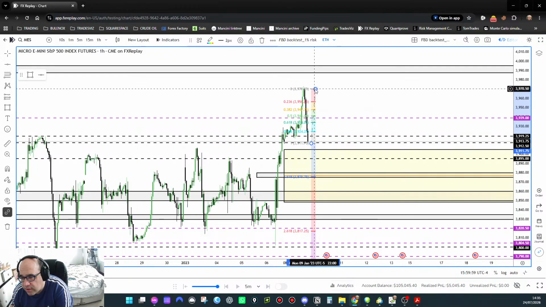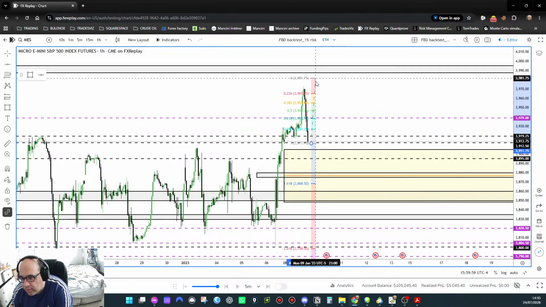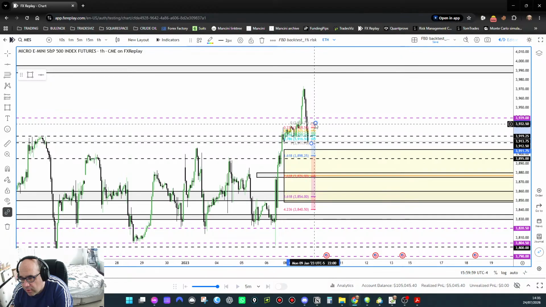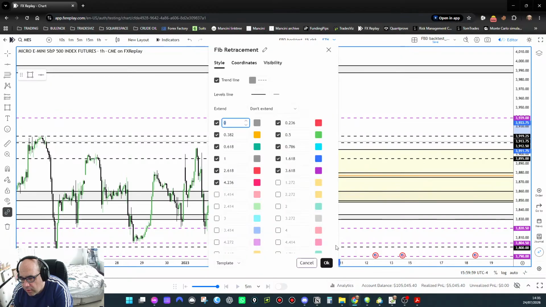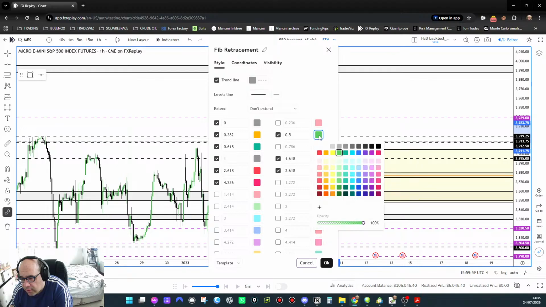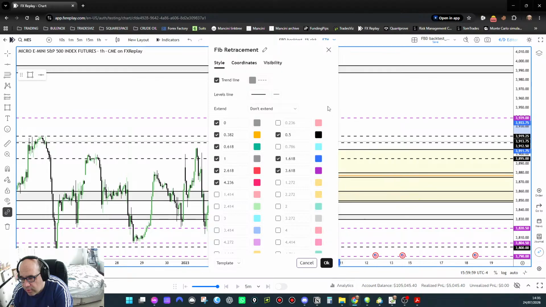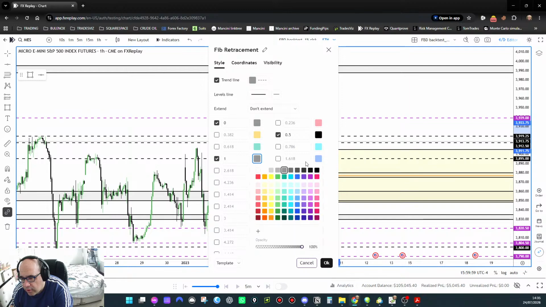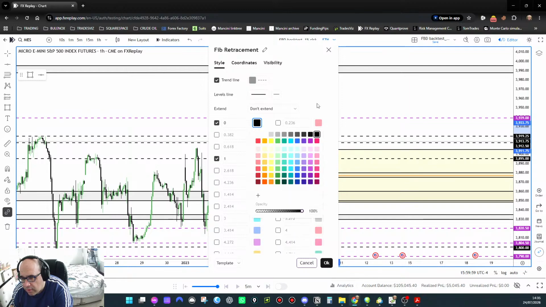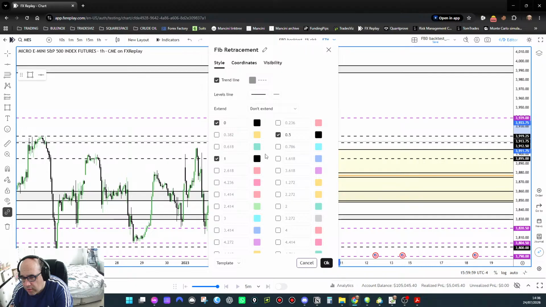Just need to fix the Fibonacci. I don't like all the values. This is 1.5, so we don't really care. This is not a blue, black. So we don't care. This one don't care. Okay. This one black. Alright.